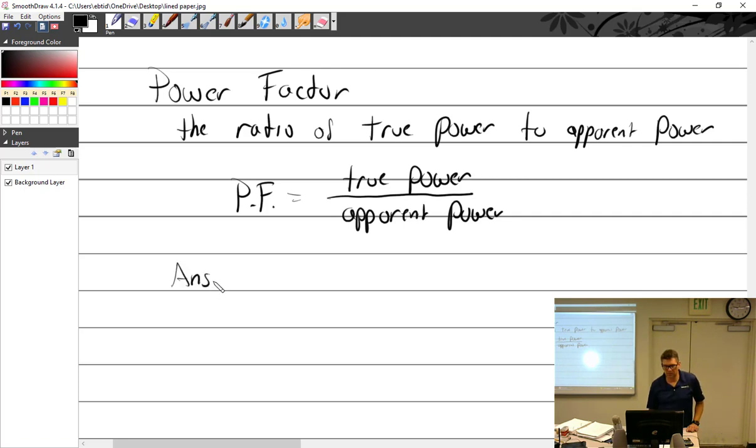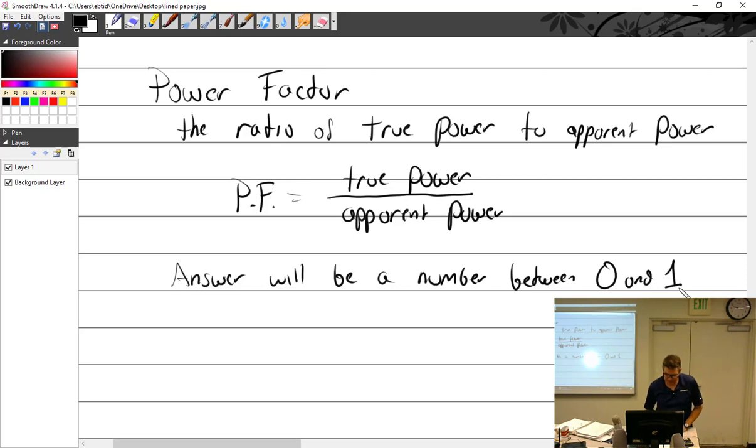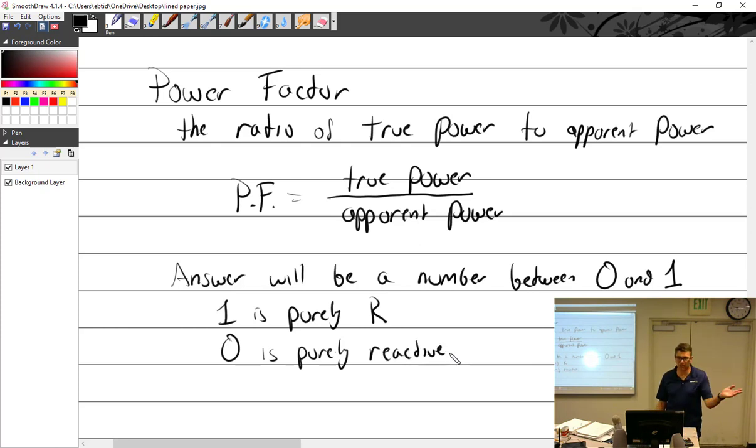Your answer will be a number between 0 and 1. So 1 is purely resistive, purely R, and 0 is purely reactive, meaning all X of L or all X of C. No resistance.